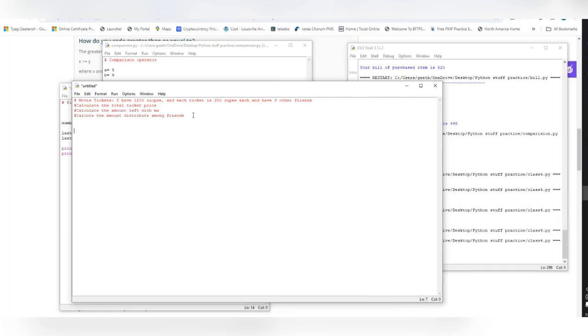So I have 1,200 rupees, each ticket. Calculate the total ticket price. Yes, we'll start with input, price of ticket, and so on.